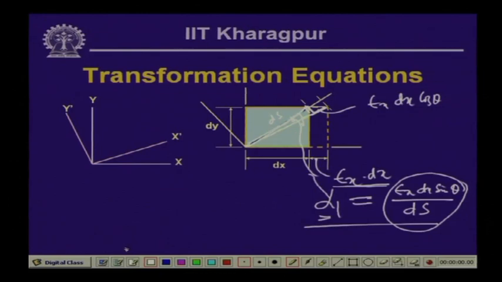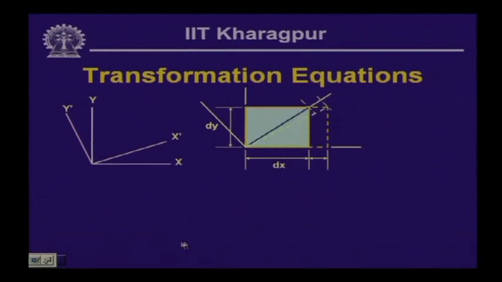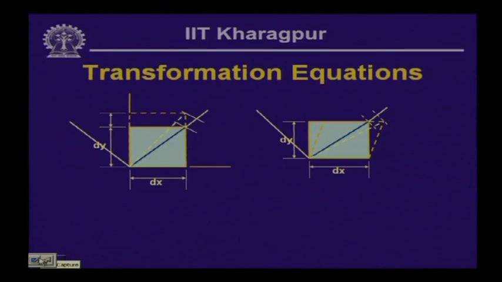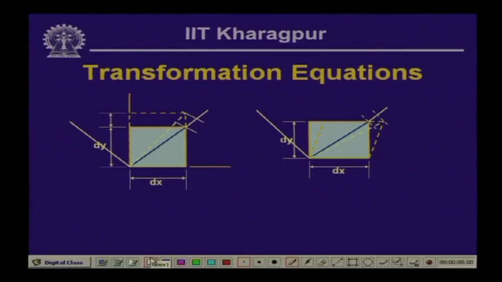Now, let us look into the deformation that we are getting corresponding to the other two cases. In this particular case, the original length of the diagonal is d s, and because of the stretching in the y direction, this has taken this particular form, and thereby this is the extension in this particular direction.